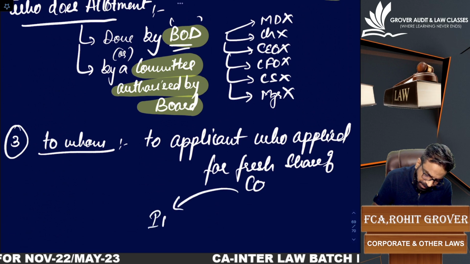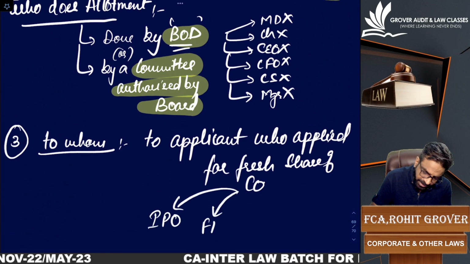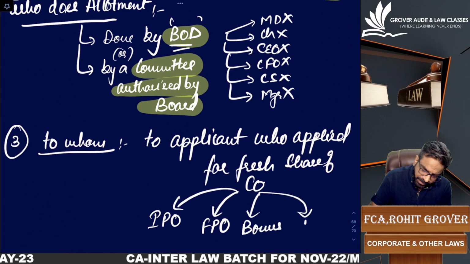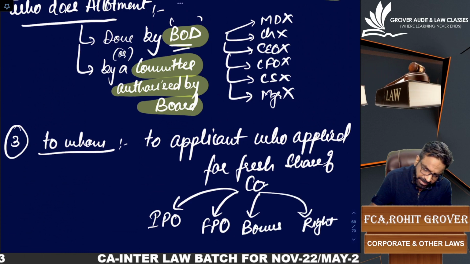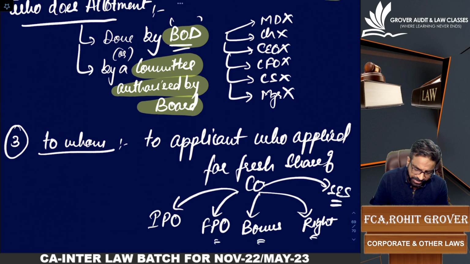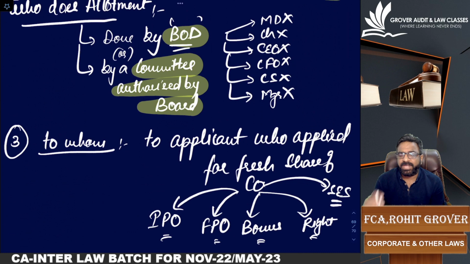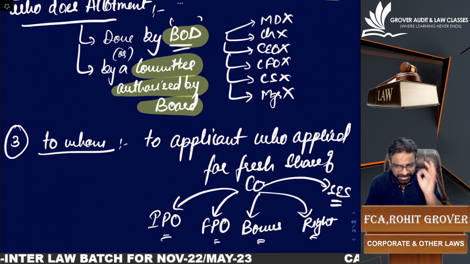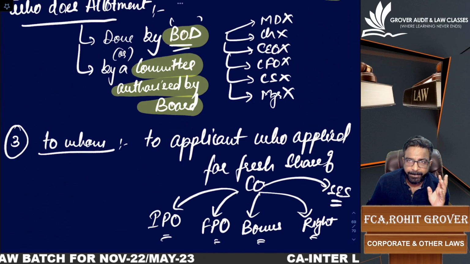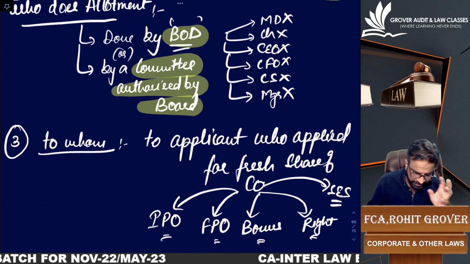Either it can be IPO, FPO, bonus, right issue, or sweat equity shares. Whenever the applicants apply for a fresh issue of shares, the board of directors will do the allotment. Is each and every point going inside your head? Yes or no?